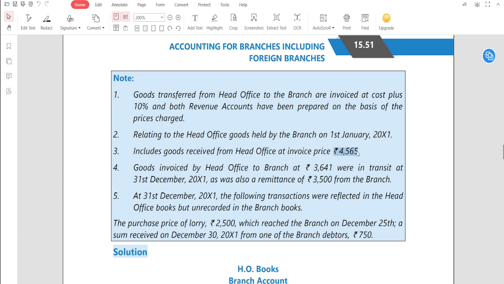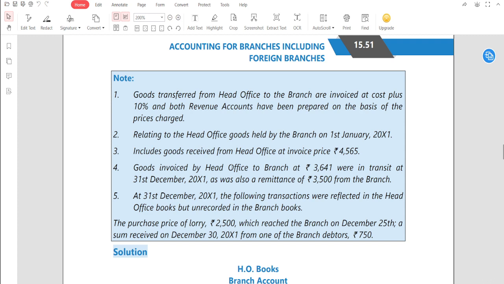Okay. It means invoice price. Goods invoiced by HO to the branch at 3641 were in transit at 31st December 20X1, as was also a remittance of 3500 from the branch.